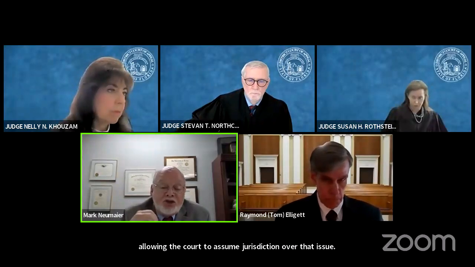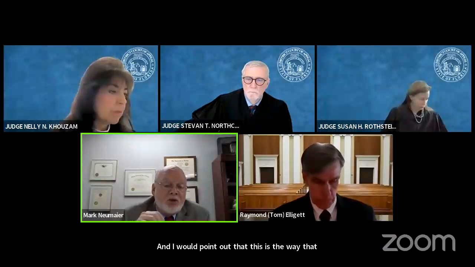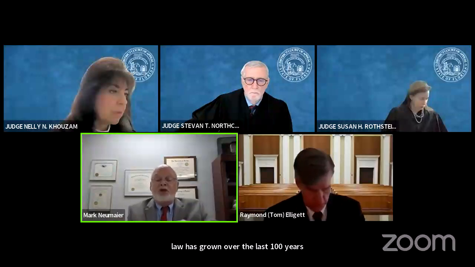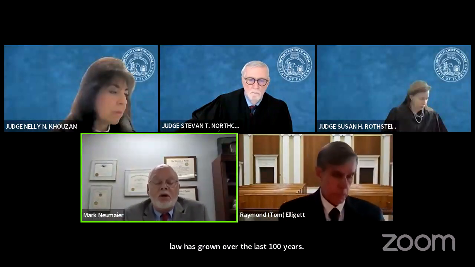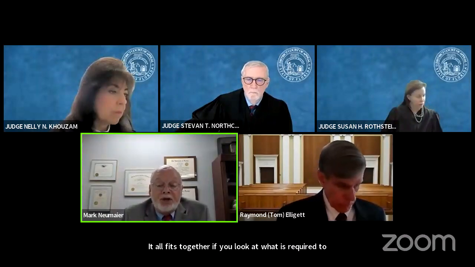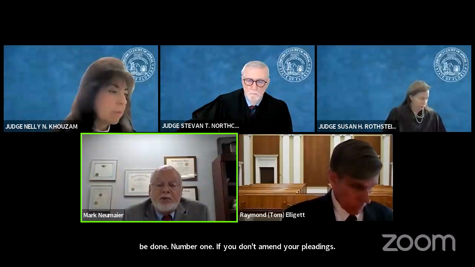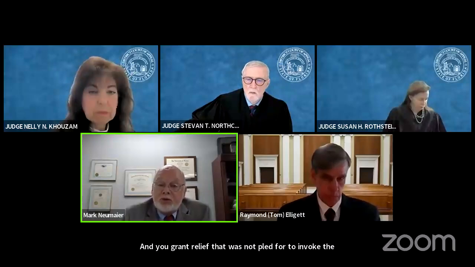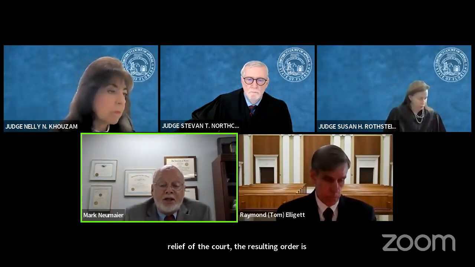And I would point out that this is the way that the case law has grown over the last 100 years. It all fits together if you look at what is required to be done. Number one, if you don't amend your pleadings and you grant relief that was not pled for to invoke the relief of the court, the resulting order is void, and you can attack it at any time.